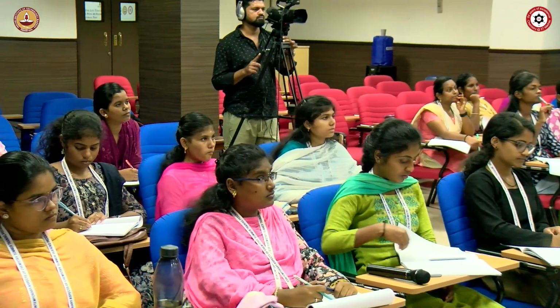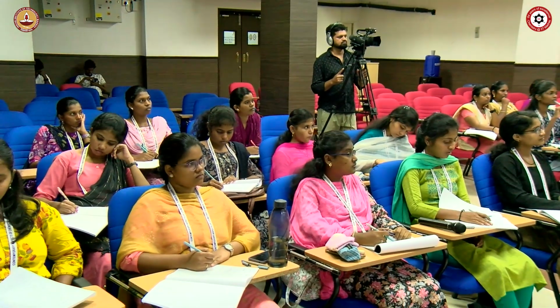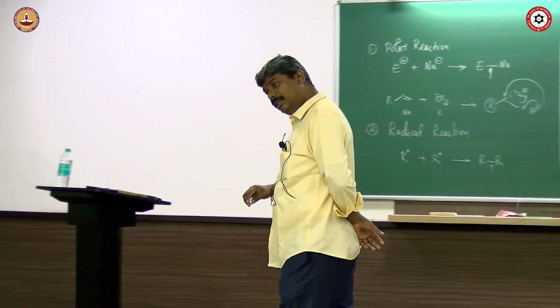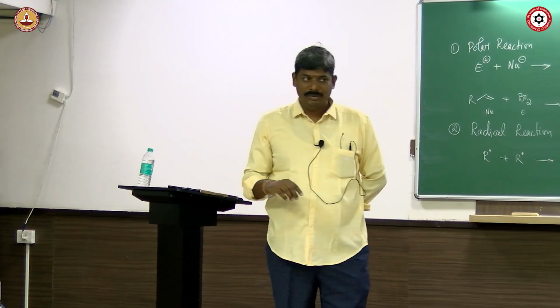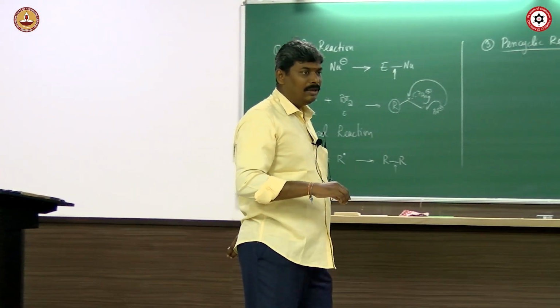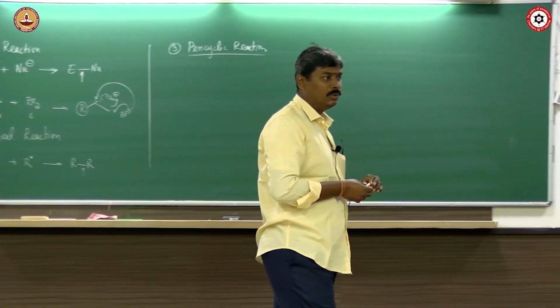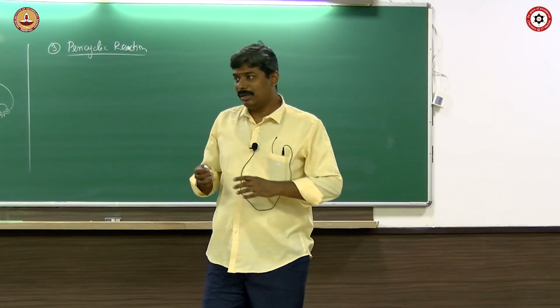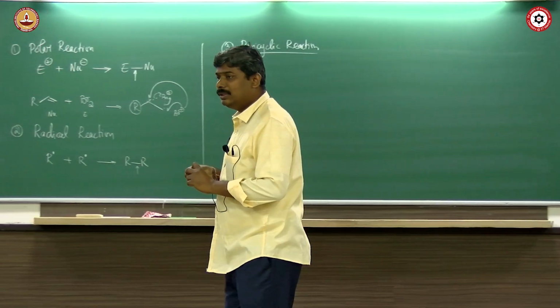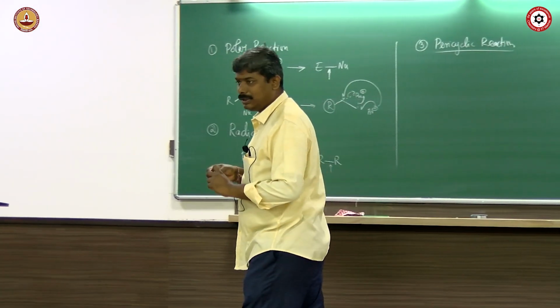Okay. So a pericyclic reaction, what do you understand by this term pericyclic? It is a single step transformation. What does that mean? A single step transformation, what does that convey to you? Oh, that is an important point, right? So this is a concerted process.